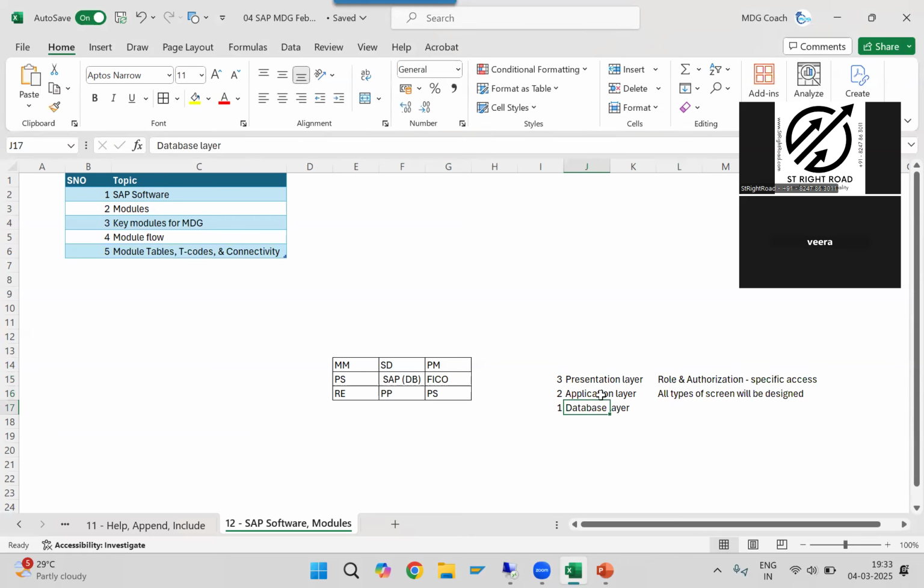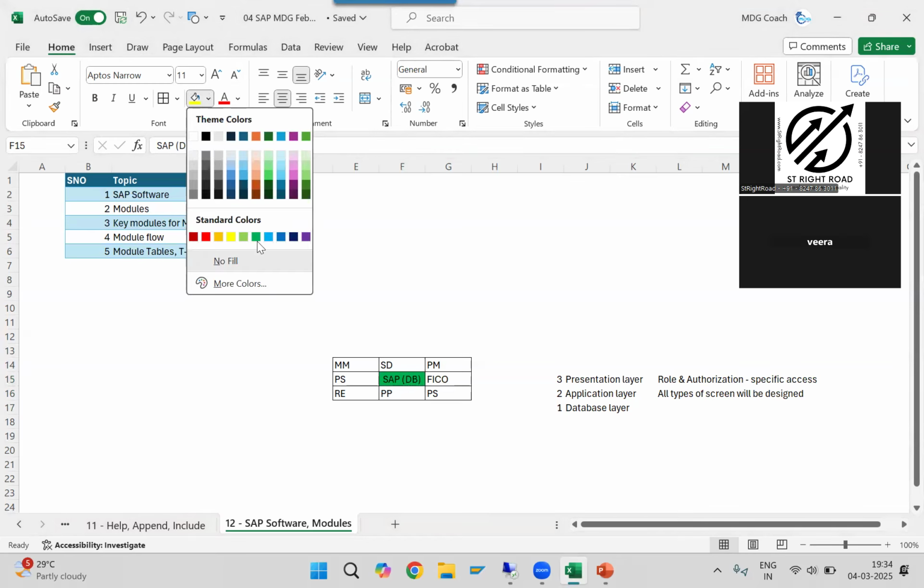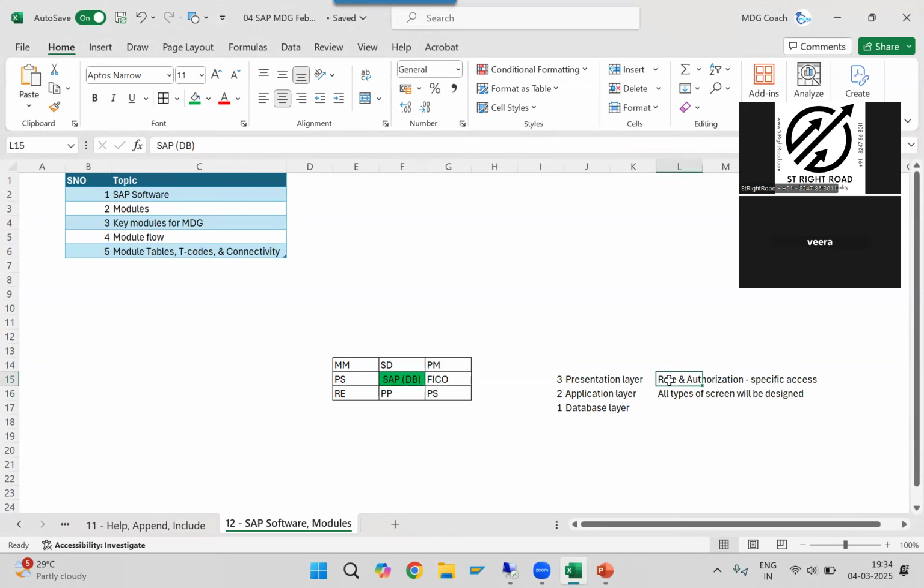Okay, you cannot enter the billing counter. Okay, you cannot enter the payment counter. So some restrictions are there. So at the time of design, everything they will design. But at the time of use, presentation layer means you are accessing the SAP. At the time of accessing the SAP, you have some limitations. So those limitations they are controlling with roles, like sales boys.